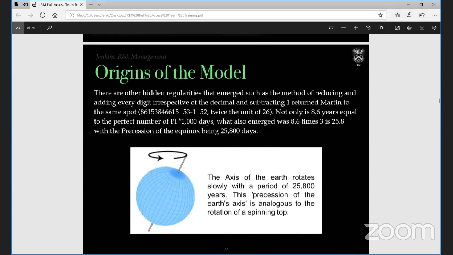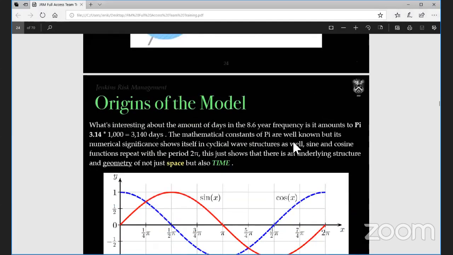I could go on and on, but even if you look at the precession of the Earth's axis, the equinox is 25,800 years, and that's basically 8.6 times 3 is 25.8. There you go. So lots of examples of that in nature.